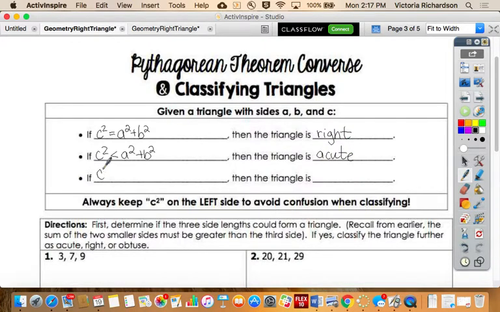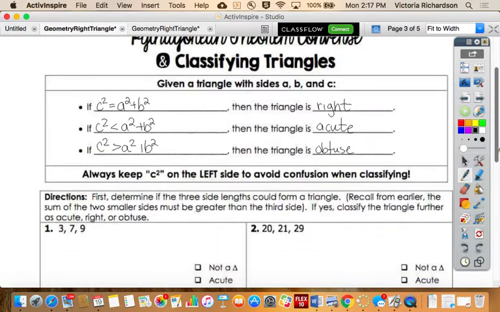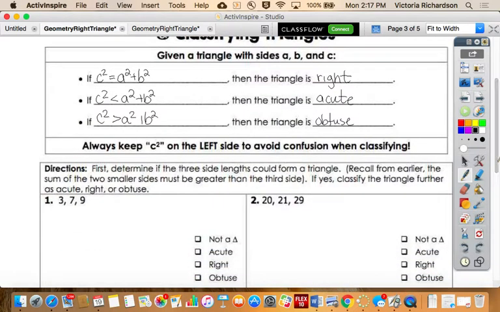And if c squared is greater than a squared plus b squared, then my triangle is going to be obtuse. Always keep c squared on the left side to avoid confusion when you're classifying a triangle. So that's important to remember. So I'm going to highlight that.